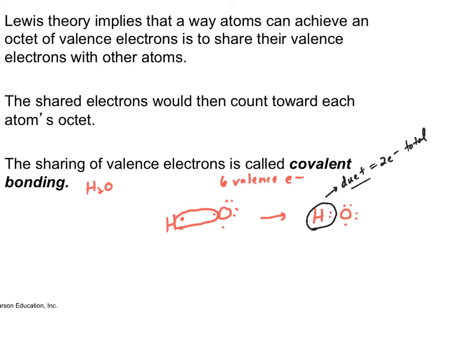What about oxygen, though? How many electrons does it have around it right now? So right now we have 2, 4, 6, and then 7. What else does it need to do to get an octet of electrons? If we have another little hydrogen pop on by, has another little electron, what can they do? They can share their electrons with respect to one another, and we end up with HOH.